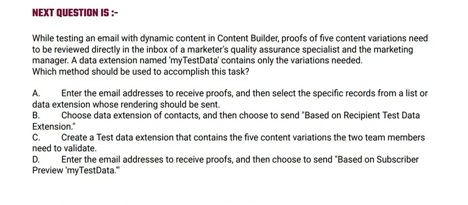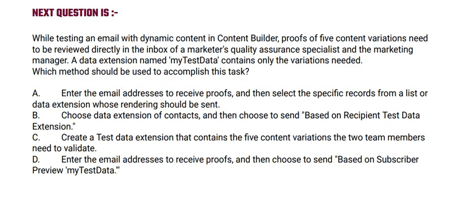A data extension named My Test Data contains only the variations needed. Which method should be used to accomplish this task? Options are option A, enter the email address to receive proofs and then select the specific records from a list or data extension whose rendering should be sent.